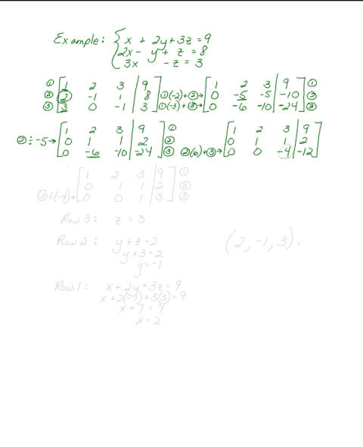Our last step to get this matrix in row echelon form is we want a 1 in this position right here. So again, we're going to leave rows 1 and 2 alone. And all I'm going to do is take row 3, and I want a 1 right there, so I'm just going to take row 3 and divide by -4 and put that in row 3.